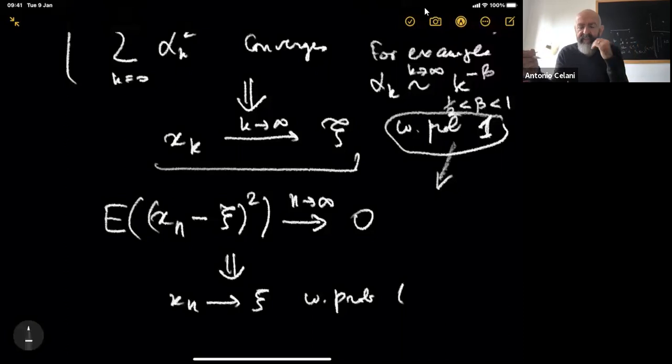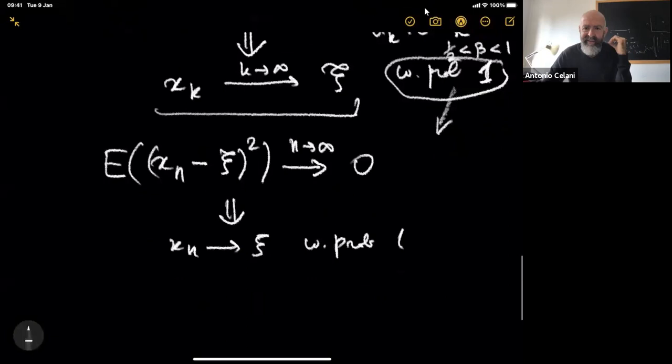You can prove this by contradiction, in the sense that if there is a finite probability that my x_n eventually is not psi, then the mean square error cannot be 0. If I don't hear any objection, I think you're going to buy this, and you should. So what we're going to focus on is this statement, which in turn will imply that with probability 1 we converge to that.